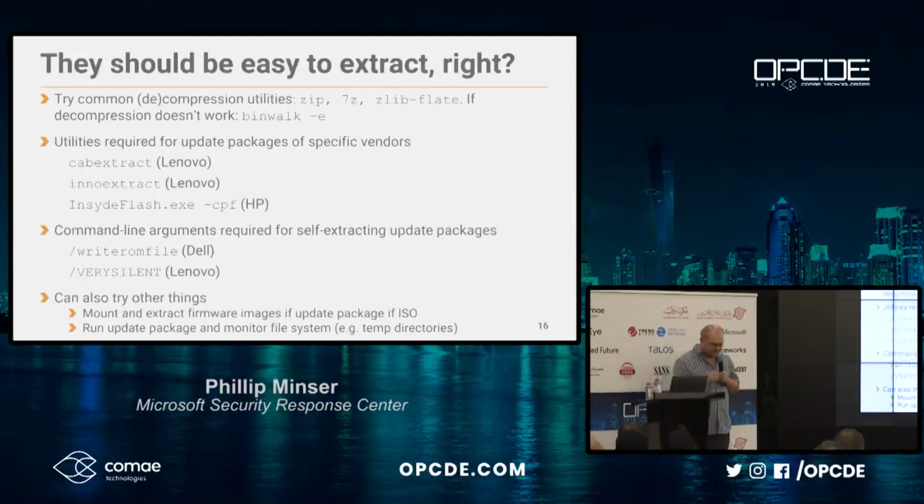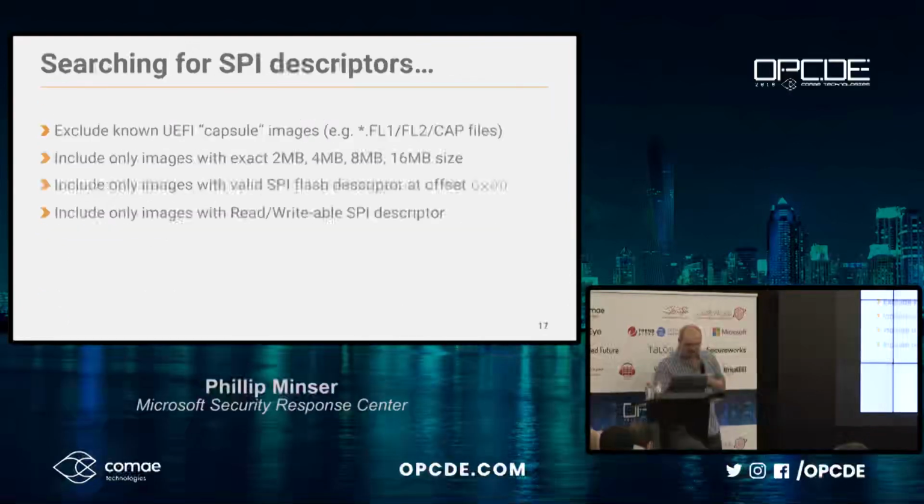Then, another step: when you get the firmware update package, you can run a bunch of tools to extract the BIOS update. I will not stay long on this slide, but there is a bunch of different methods, vendor specific and not vendor specific, which you can use iteratively to extract the BIOS update image from the update package, basically the package which the platform vendor is delivering, like Lenovo, Asus, HP, and so on.